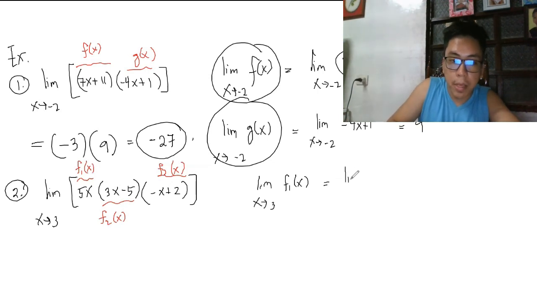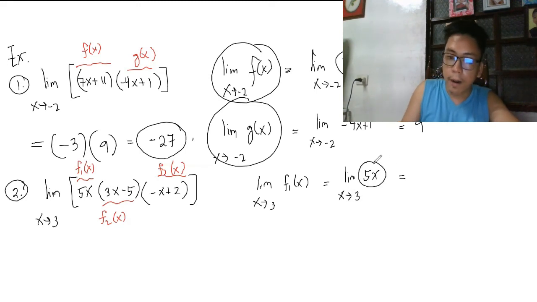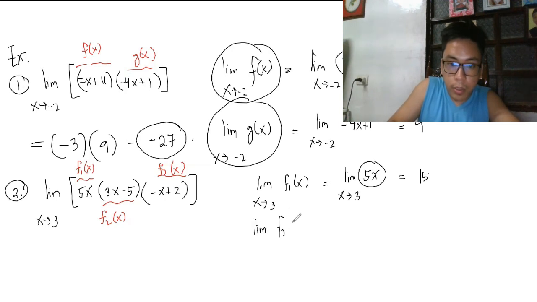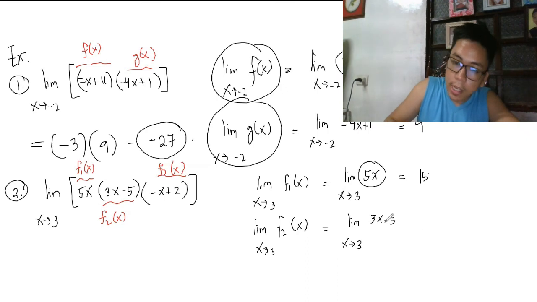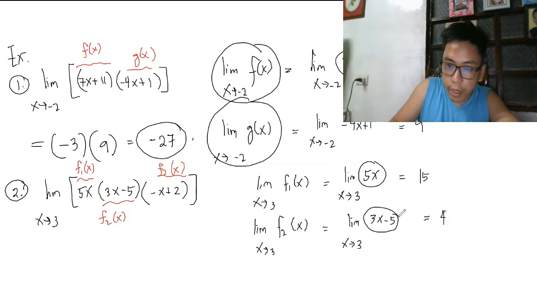So this is the limit of 5x as x approaches 3, and the previous theorem tells us that this is 15. Another is the limit of f2 of x as x approaches 3, the same as the limit of 3x minus 5 as x approaches 3. This is the limit of a linear function, so you'll have 3 times 3, 9, minus 5, you get 4.